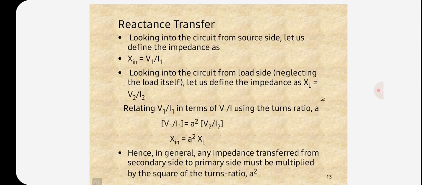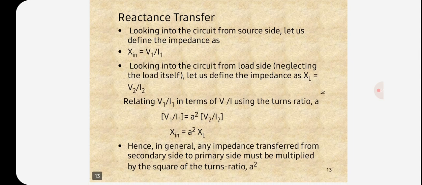So reactance transfer. Looking into the circuit from the source side, let us define the impedance Z in equal to V1 by I1. Looking into the circuit from the load side, neglecting the load itself, let us define the impedance ZL equal to V2 by I2.